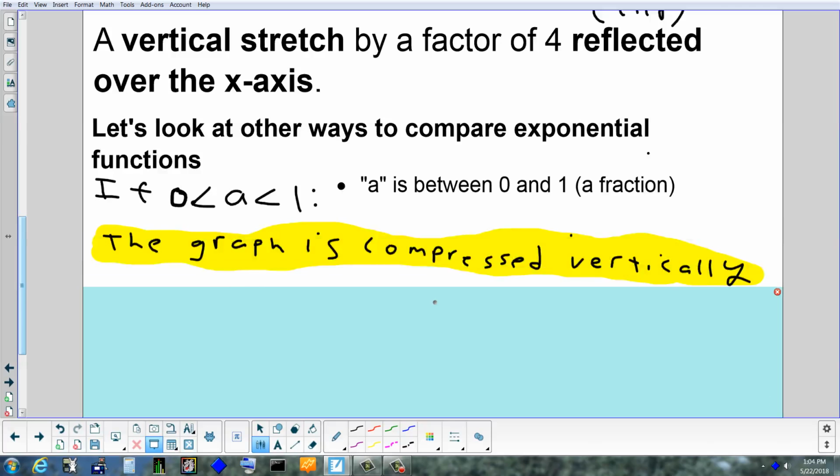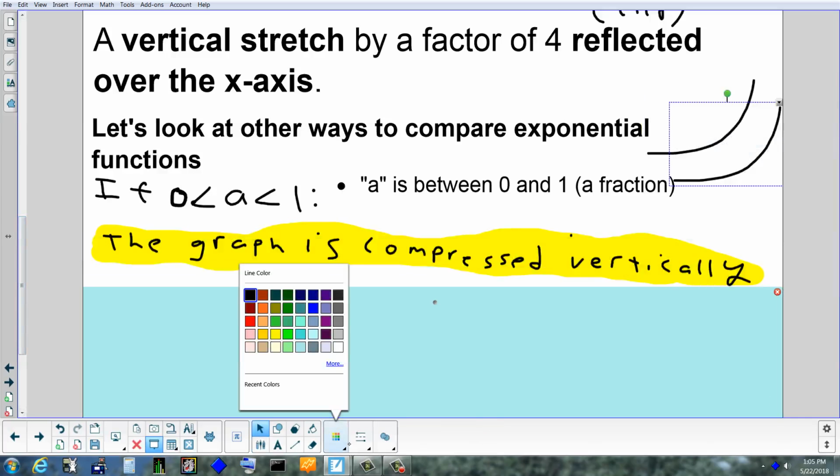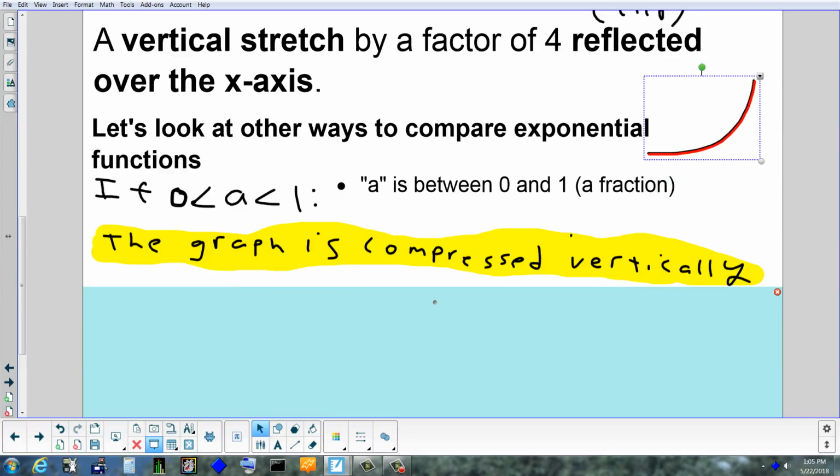So here's an example of that. Here's your original. Okay, let me make a copy of it. Let's make it a different color. Here's an example of compressing. I go like that. Oh, it's smaller. And now line them back up. Whoa. What do you notice about the curve in red now? Is it as sharp as the one in black?